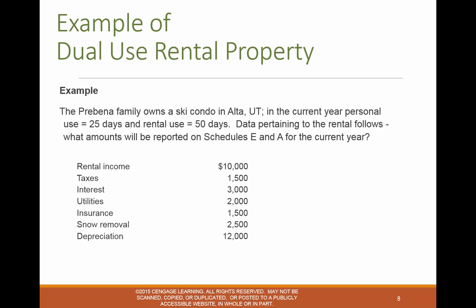They get income of 10 grand, they pay property taxes of 1,500, mortgage interest of 3 grand, utilities of 2,000, insurance of 1,500, snow removal of 2,500, and they've got a big depreciation number of 12,000. My question to you is to allocate these amounts between the Schedule E and the Schedule A.